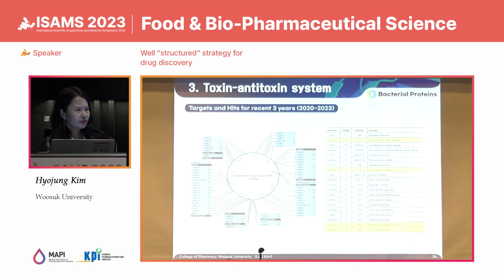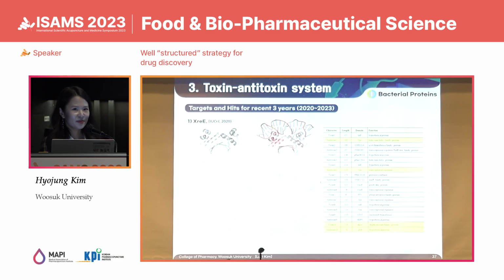Now, among these 88 toxin and antitoxin systems, I especially target the top 10 systems that are known to be related to the bacteria's lifespan, the duration of their life. So I came to South Korea in 2020, and I've been working on this project and publishing a few papers regarding it.